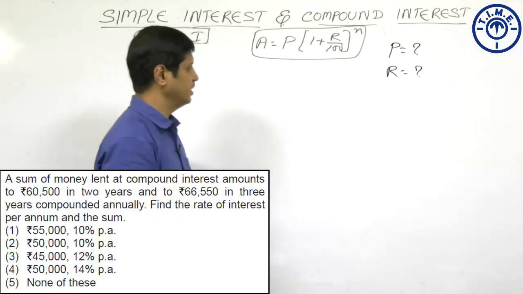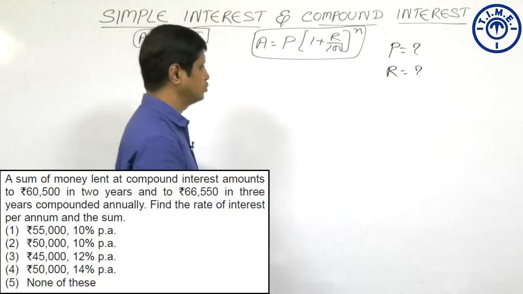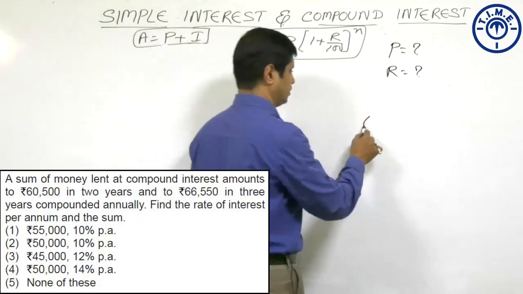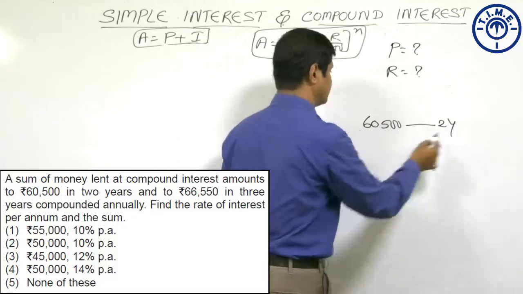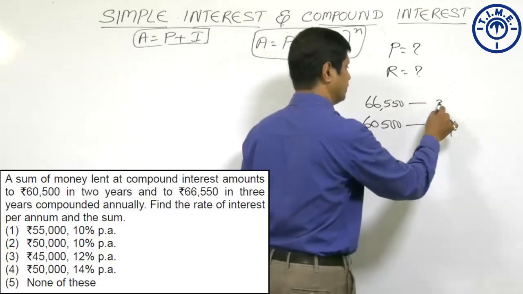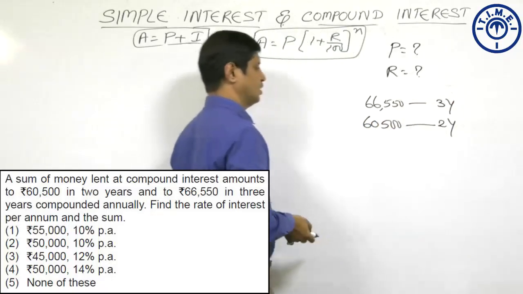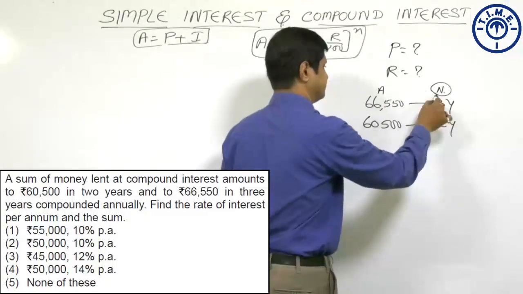What is the data given here? The sum of money amounts to rupees 60,500 in 2 years and 66,550 in 3 years. These are the values of the amount and the period of time.